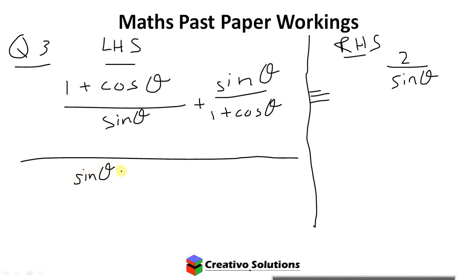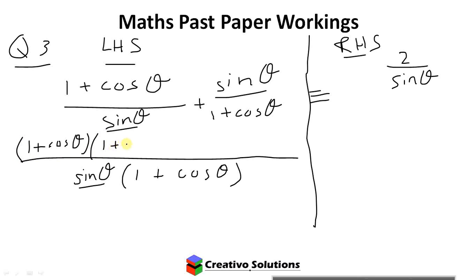So the denominator is sine theta times 1 plus cos theta. I need to multiply the other term by 1 plus cos, so I have 1 plus cos times 1 plus cos at the bottom. I've got sine squared that I want, so I'm going to times the top by sine.